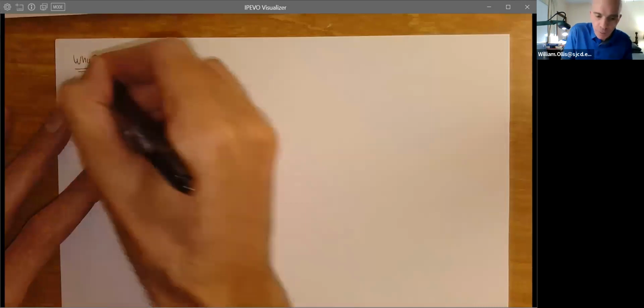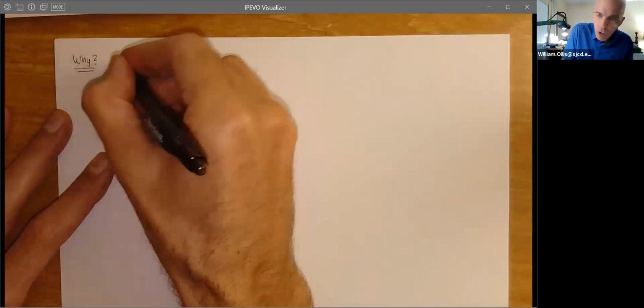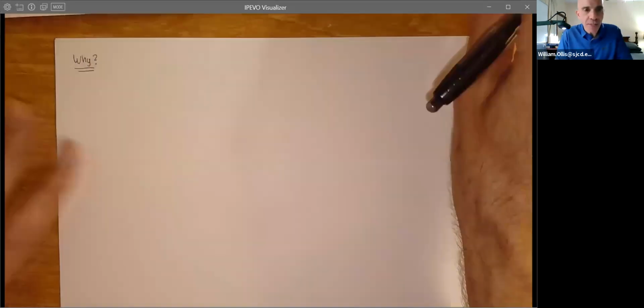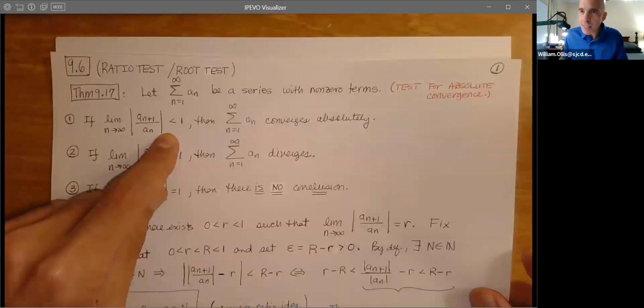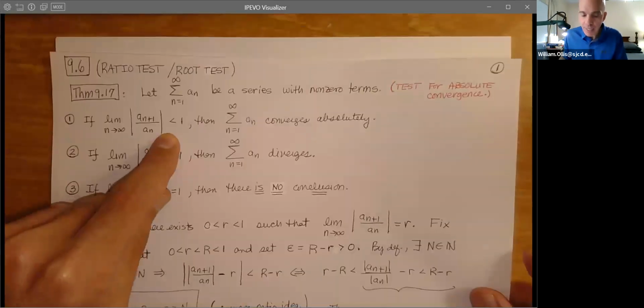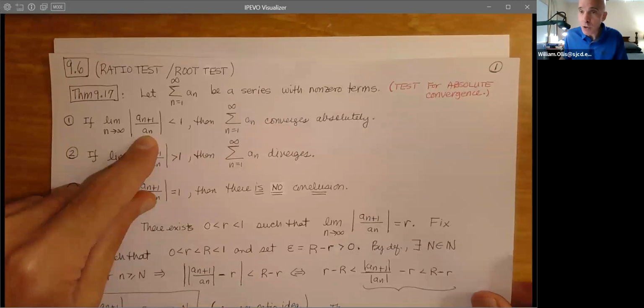So what we want to do is first, let's just go back to the statement here. We know this limit is less than 1. In this particular case, these are positive terms.